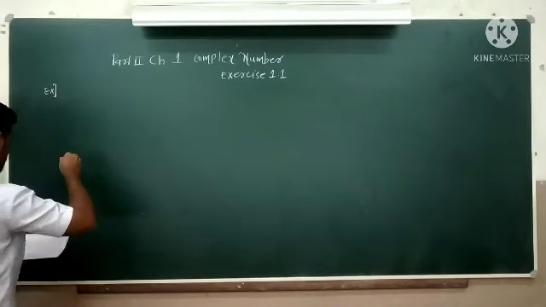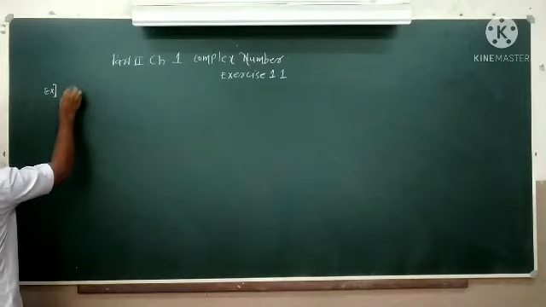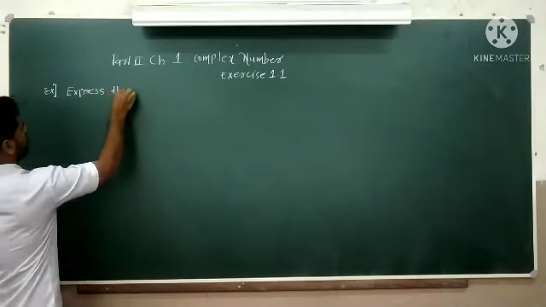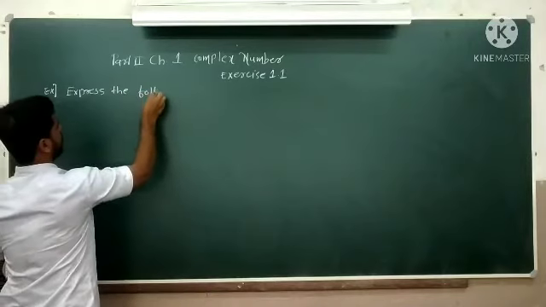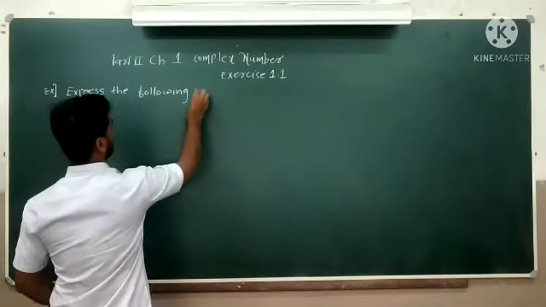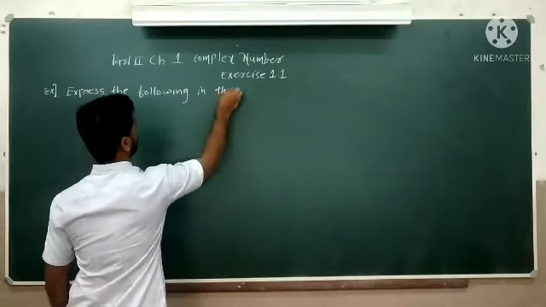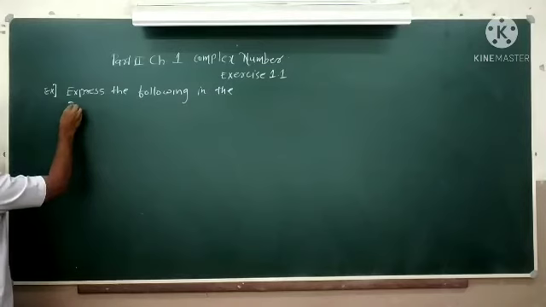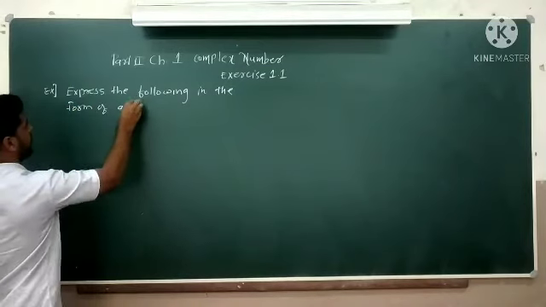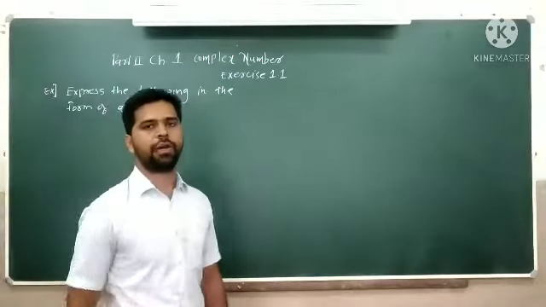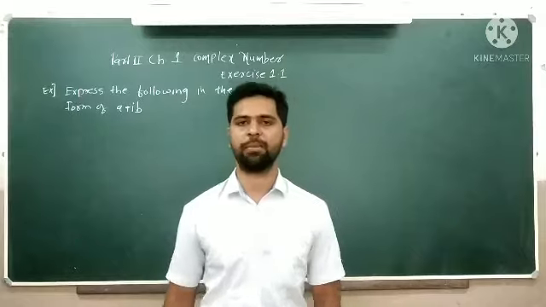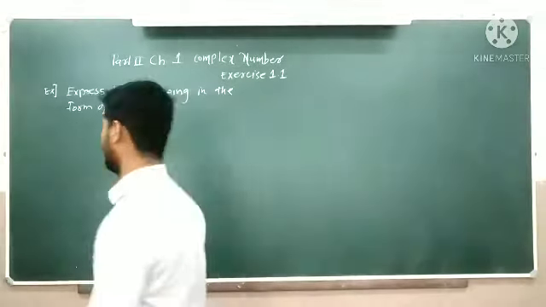The example is: express the following in the form of a plus ib. So we have to convert the given expression into the standard form of a complex number, that is a plus ib.